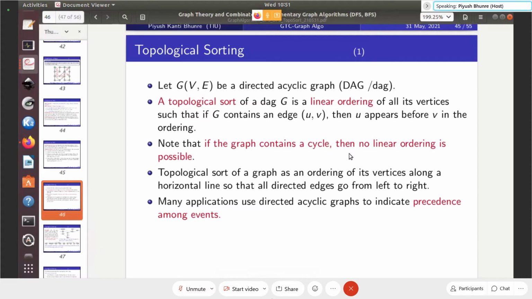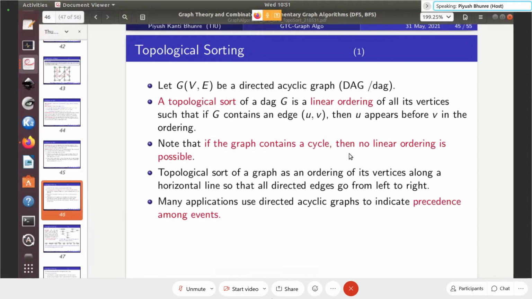Now for a graph, there is no such real line concept, right? The vertices are some entities, not real numbers. So we sometimes wish to give a partial order, or a linear ordering basically. Partial order is a kind of relation that we use. Topological sorting gives one kind of ordering of the vertices, so that we can put them onto a line maybe.